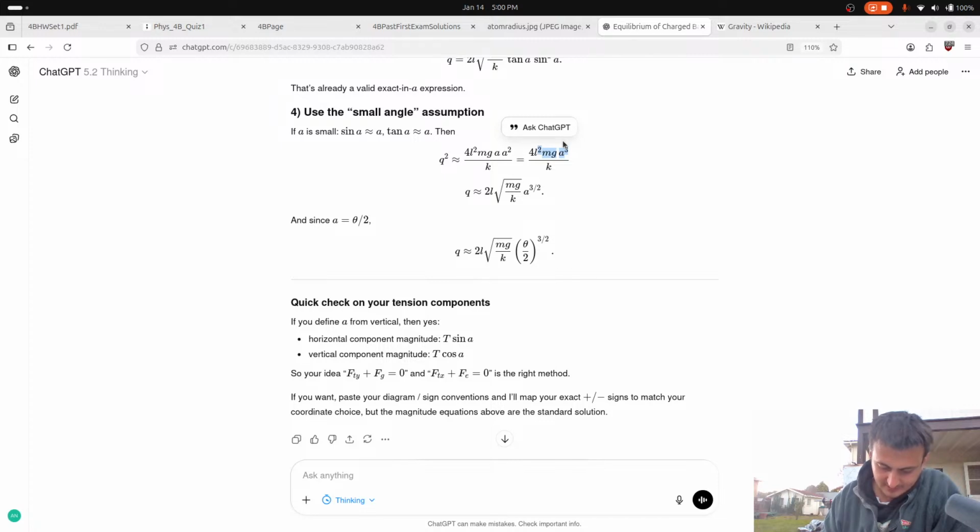Okay, so we're going to get 4 times A cubed is going to be equal to 4 times theta over 2 cubed, which is equal to 4 theta cubed over 8, right? Which is equal to theta cubed over 2.